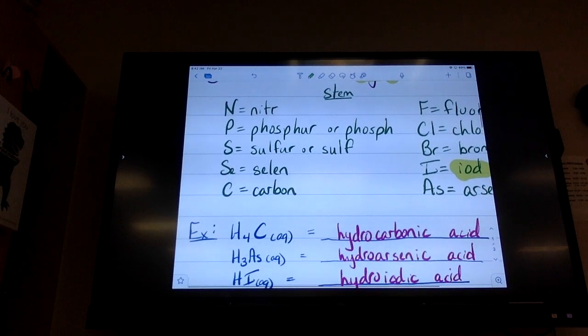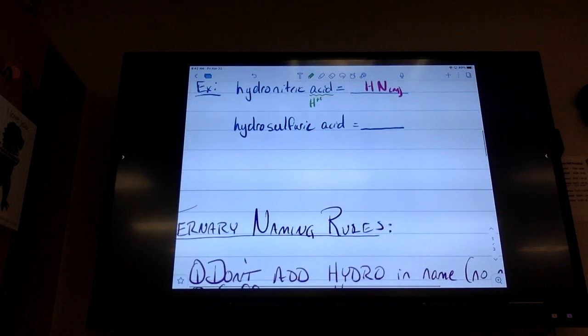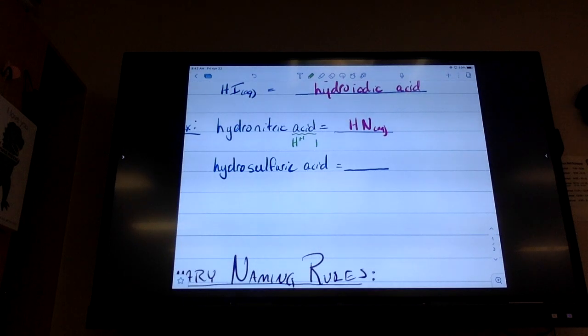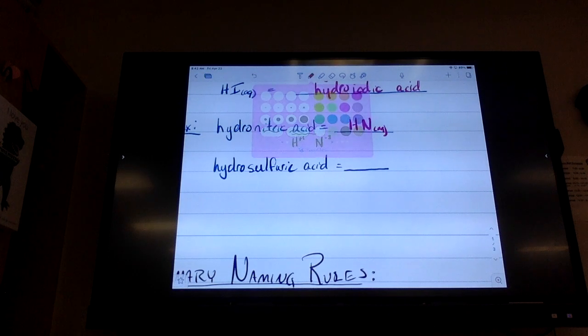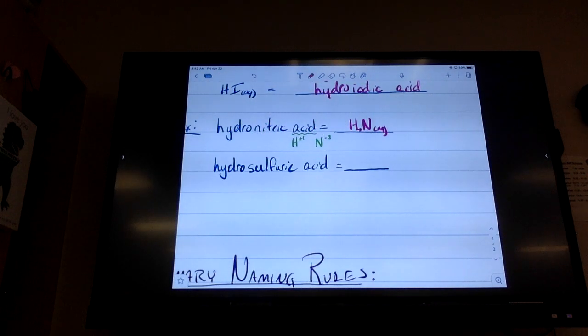See, N-I-T-R right here is nitrogen. So that means I've got to look up nitrogen's oxidation number, and it's a -3. So how many hydrogens do I need to balance that out? H3N. Do you want to try the next one on your own? Try that next one, guys.